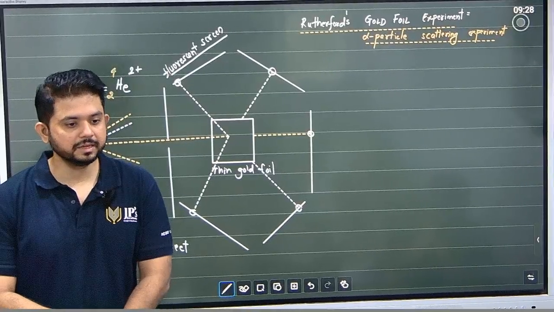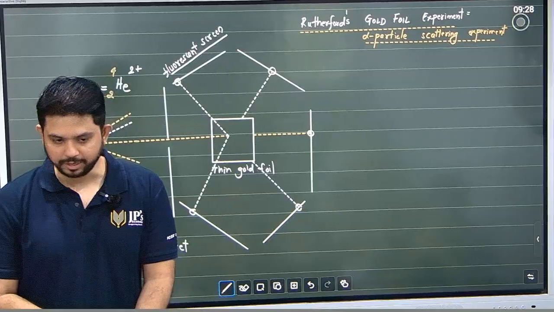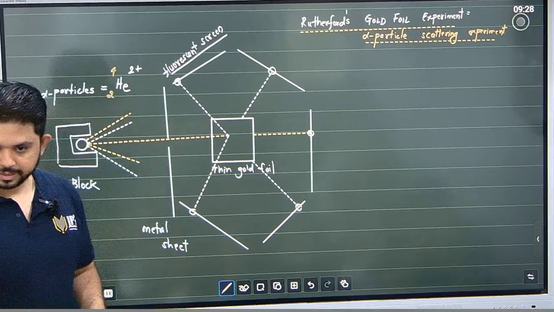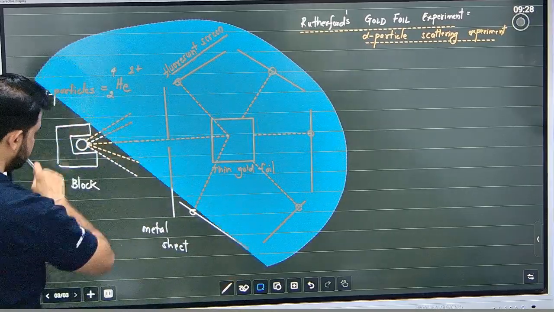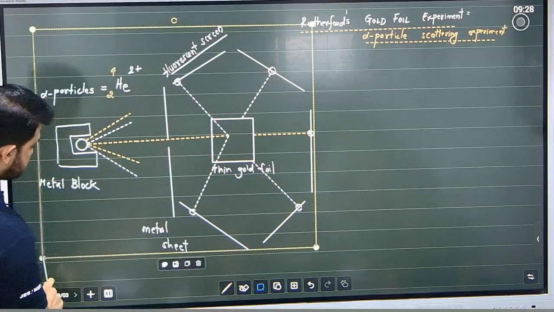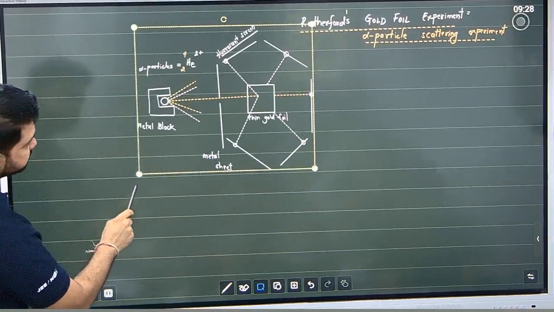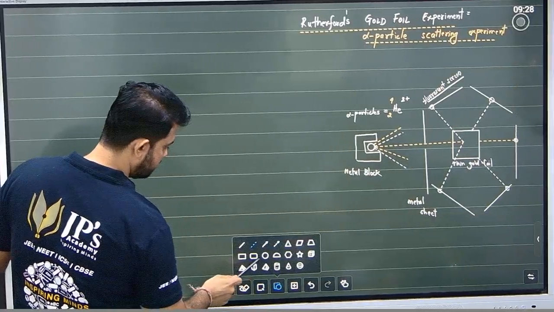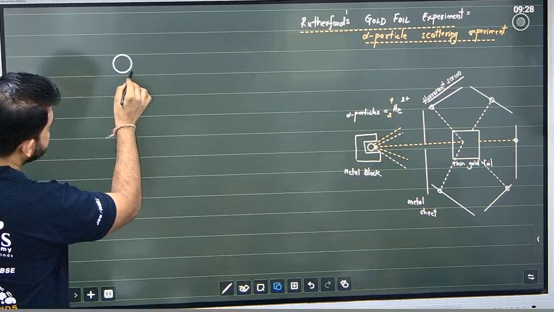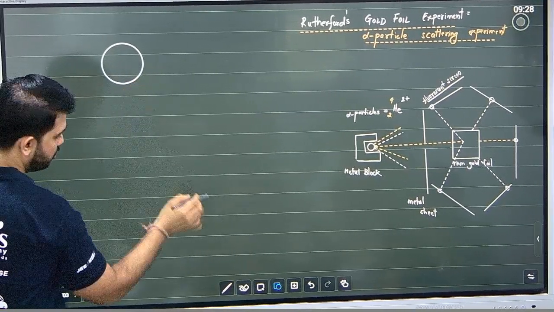Did you get that? Any questions there? Yes or no? So, what were the different observations and conclusions? We need a very thin layer of gold atoms.